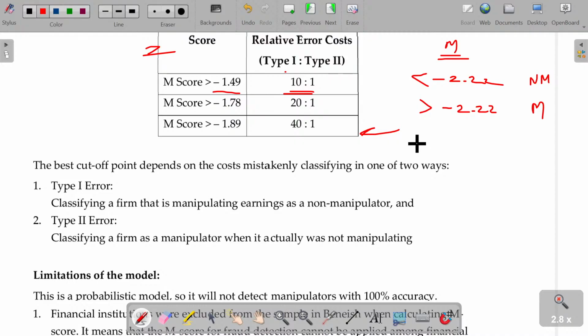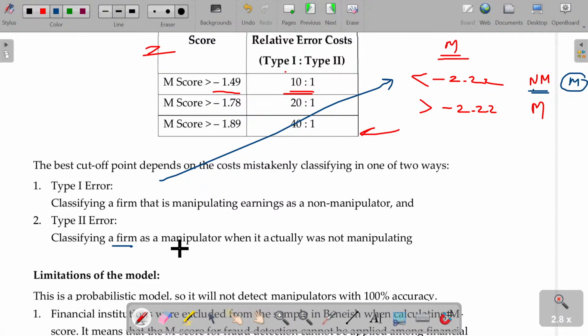But is there any chance of error? We assumed this is a non-manipulator, but actually this fellow is manipulating. Say company A is a manipulator. As per the Beneish model, we came to know it's a non-manipulator company. Classifying a firm that is actually manipulating as a non-manipulator is called type 1 error.